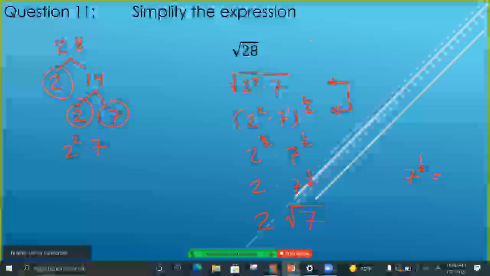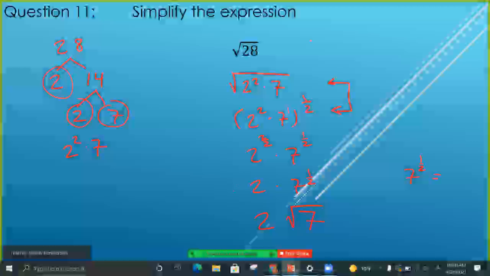So like I've been saying, where we left off right here, the second to last step, this is legitimate. It's a legitimate answer. It's mathematically true and everything. But Edmentum and most math teachers, honestly, are going to expect something like this, 2 root 7. So here's our answer.